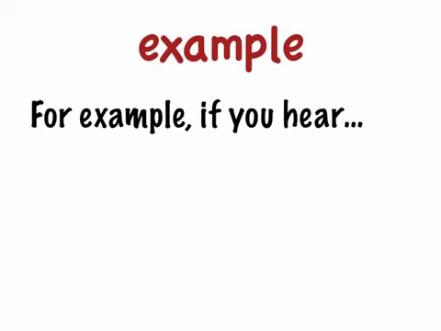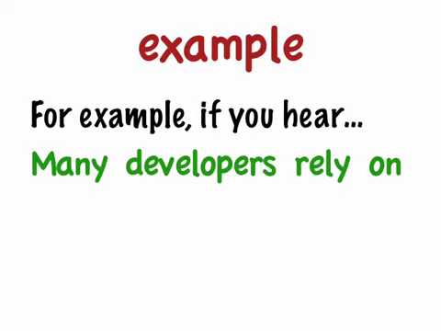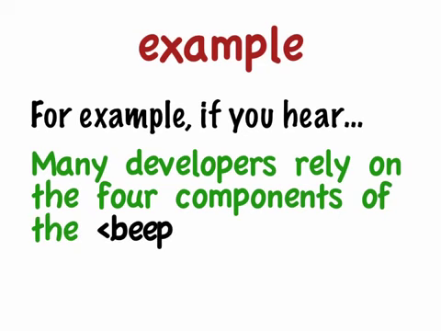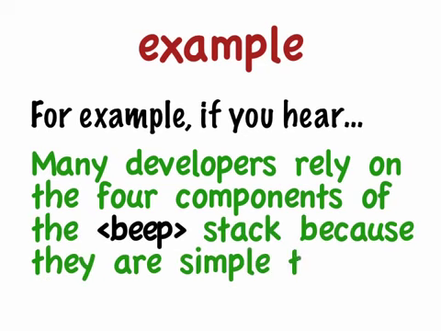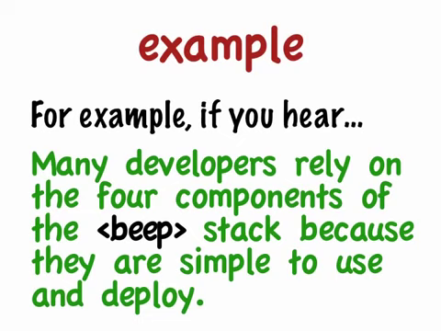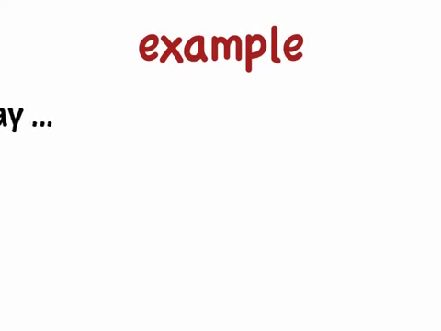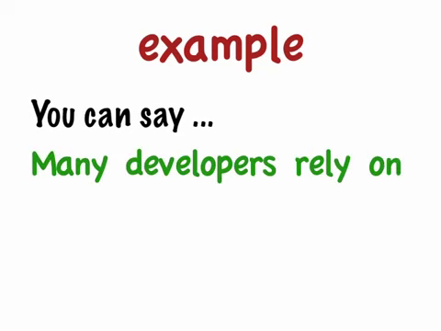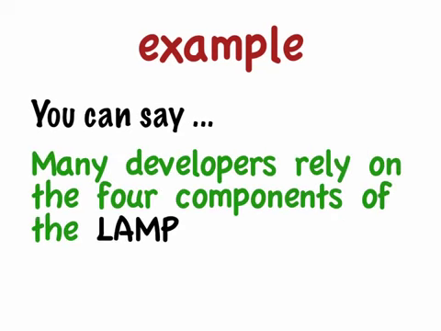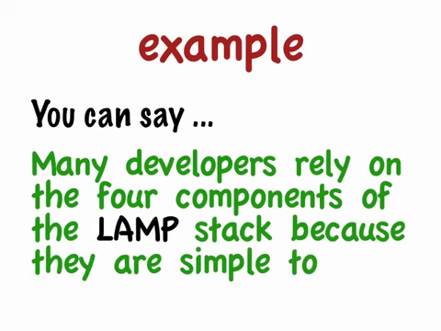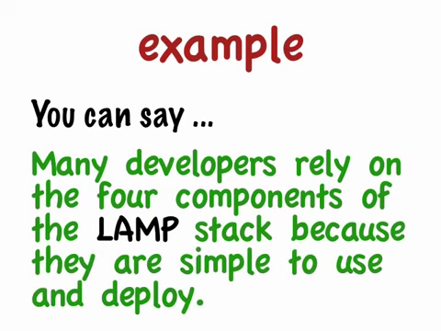For example, if you hear, Many developers rely on the four components of the beep stack because they are simple to use and deploy, you can say, Many developers rely on the four components of the LAMP stack because they are simple to use and deploy. We'll play the correct answer after each question. Ready? Let's give it a go.